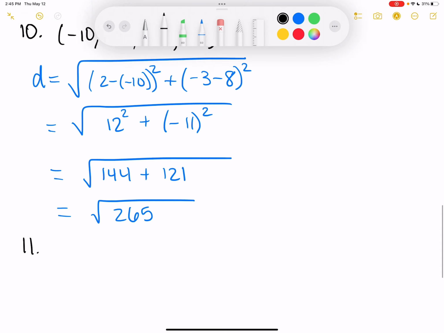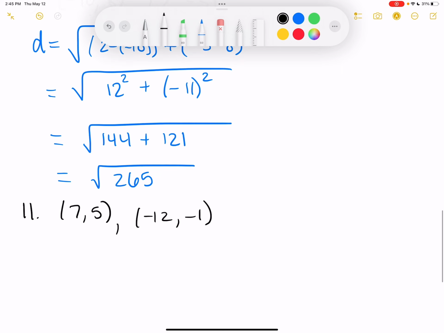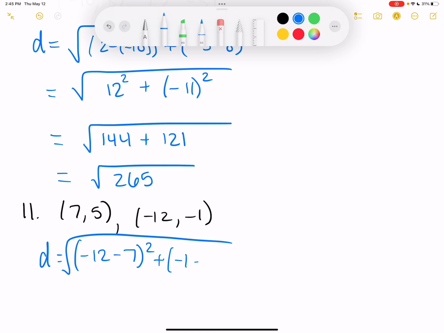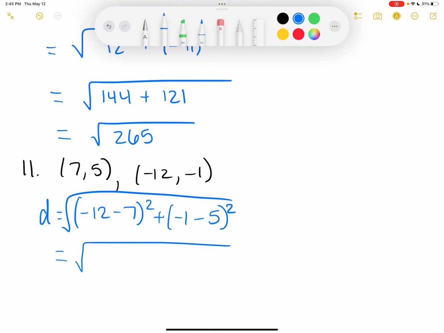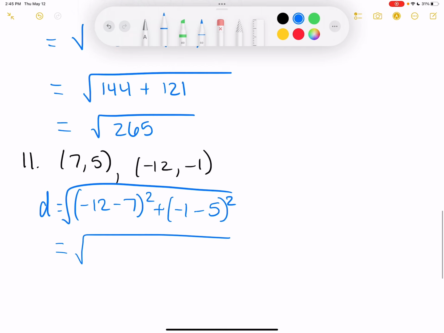The points are 7, 5 and negative 12, negative 1. Negative 12 minus 7 squared plus negative 1 minus 5 squared. So negative 12 minus 7 is negative 19.